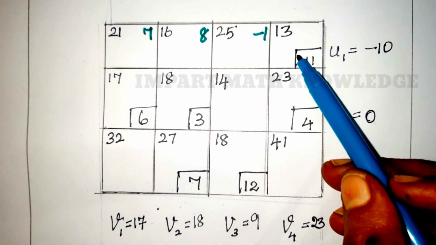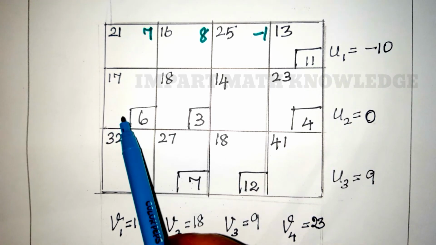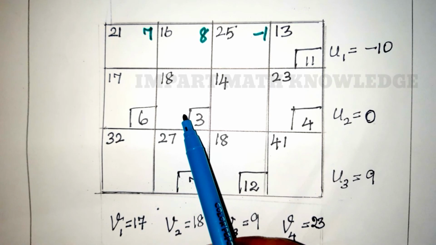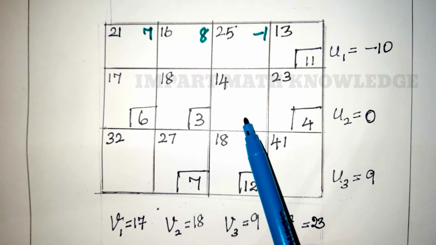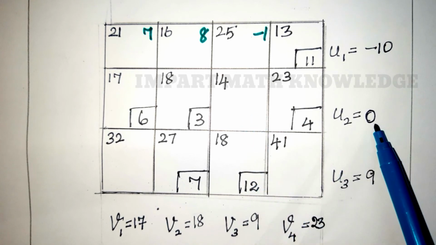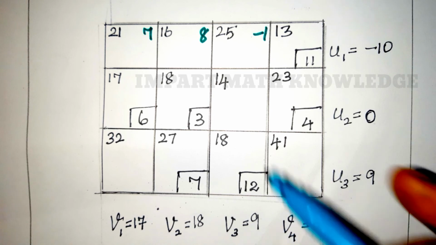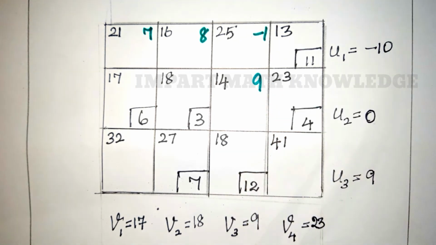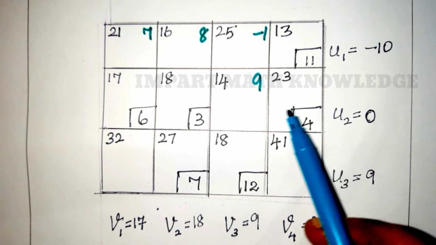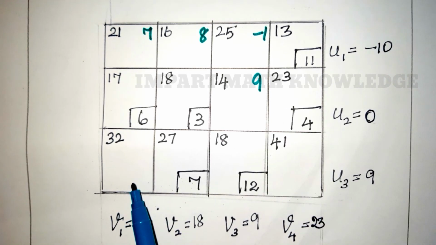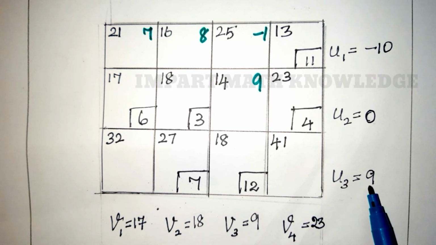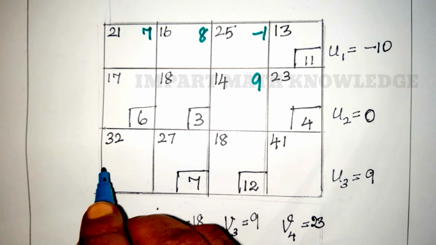This is an allocated cell, so leave it. This is an allocated cell. This is an allocated cell. This is unallocated. For this cell U value is 0, V value is 9. If you add these two values you will get 9. This is an allocated cell, leave it. This is an unallocated cell. So you have to add U plus V. 17 plus 9 is 26.